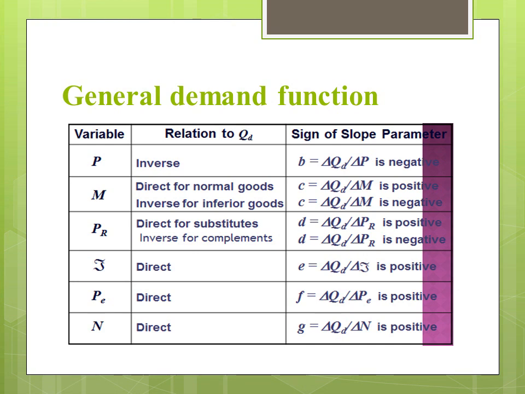Like D is equal to change in quantity demand over change in price, which is positive. And the price relationship with related goods that are complements is inverse, because complement goods are those purchased together.